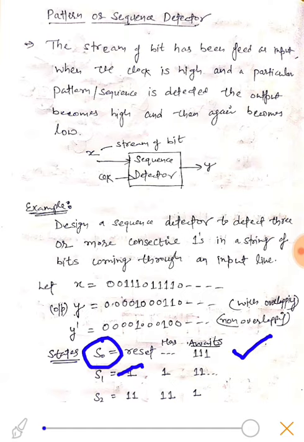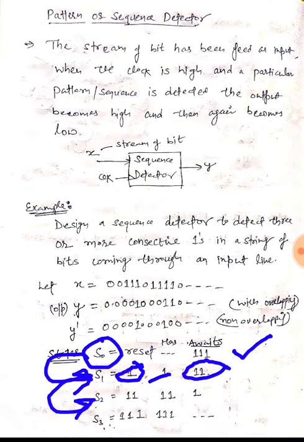So system would move from S0 to S1, and it has now 1, so it will await to get 2 ones. If it gets 1 again, then it will move to state 2. But if in case it doesn't get a 1, it will remain in state 1.